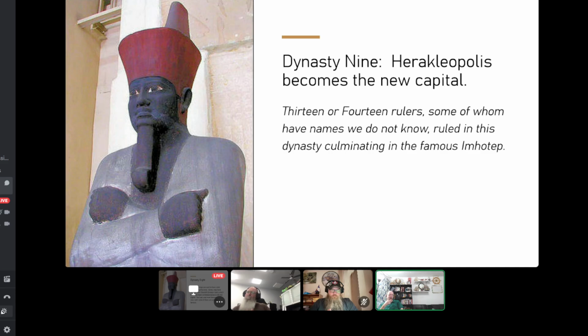So after more than 20 years of chaos, there appears to have been the line of kings that makes up the ninth and 10th dynasties. These are the kings of the south, and they seem to have been able to take control over the delta. And it is not clear at all if they ever held Upper Egypt. It seems that all of their attempts failed.